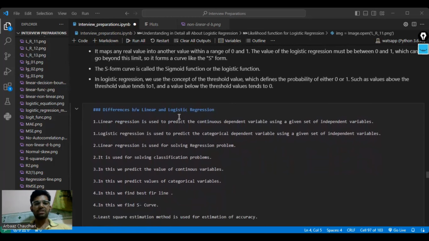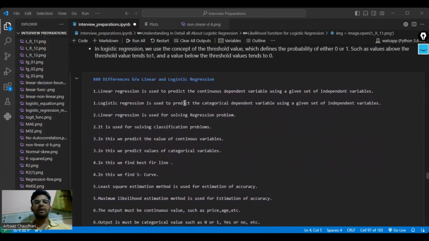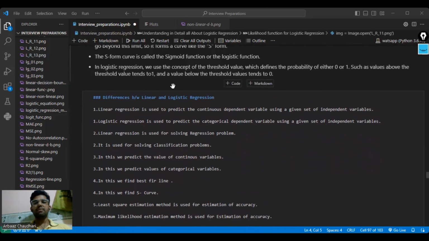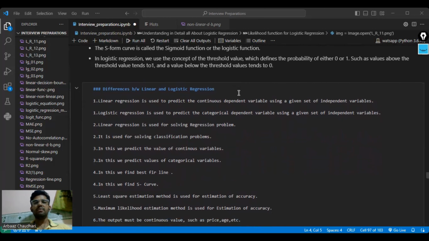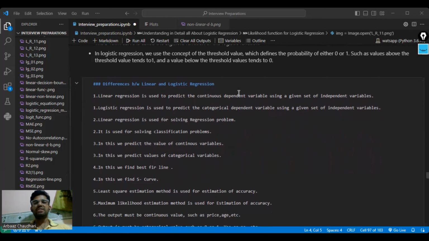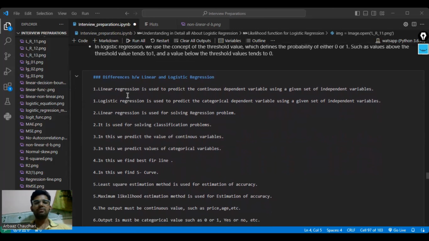Okay, so let's move on to the next topic, the differences between linear regression and logistic regression. We have seen the similarities, and now let's see a little bit of the differences between them.